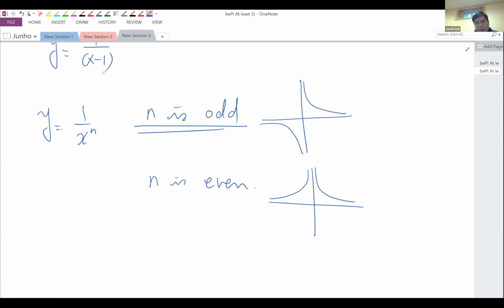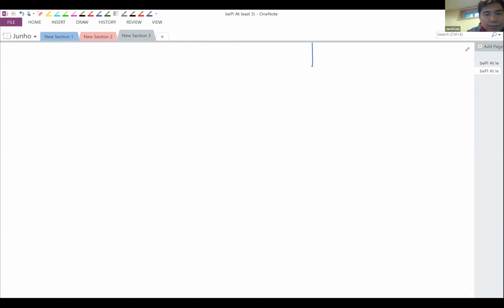Now if I give you a little bit tougher one, y equal to maybe 1 over (x plus 2) squared, maybe minus 2, how can you guess this graph? Since it's squared, we know that it doesn't go past the x-axis.